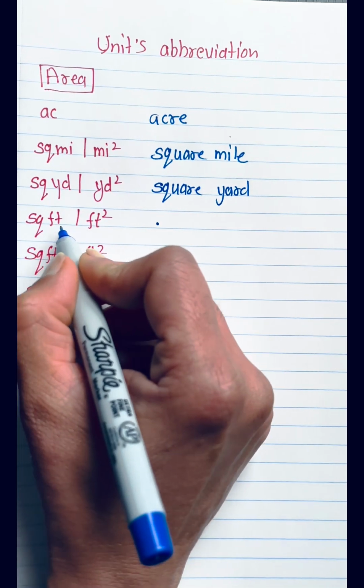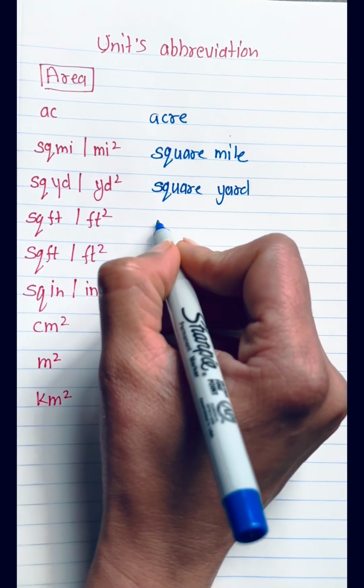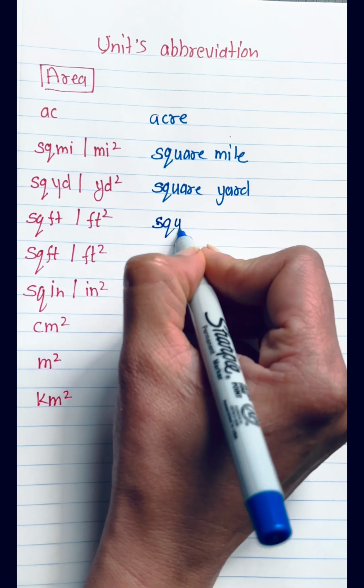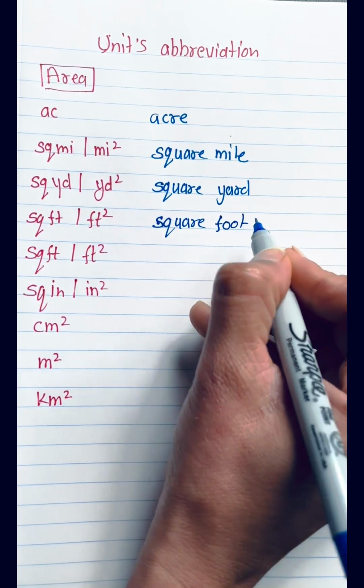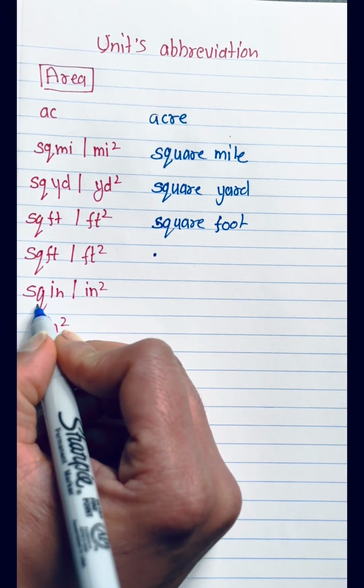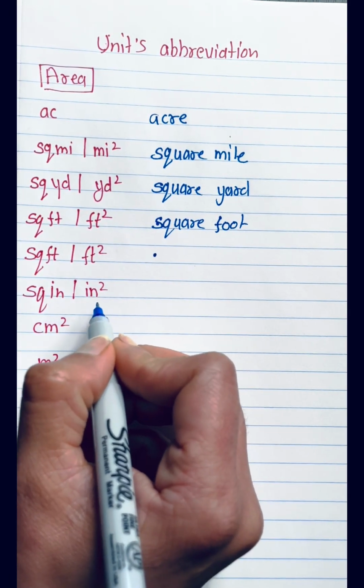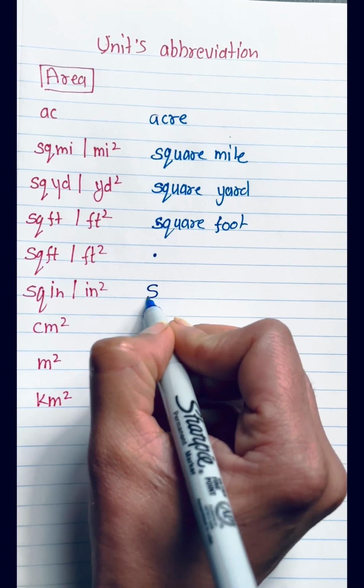And SQFT or FT square is square feet or square foot. And then SQIN or IN square is square inch.